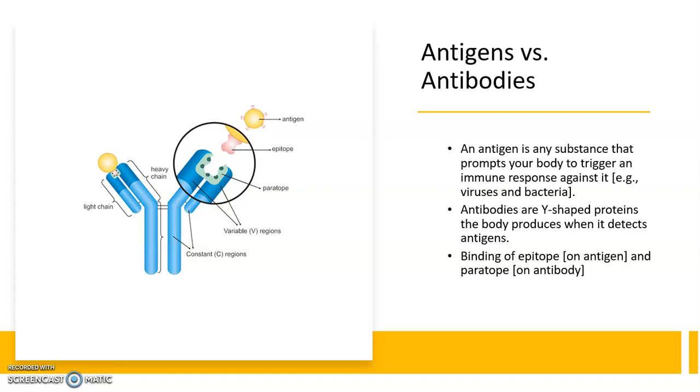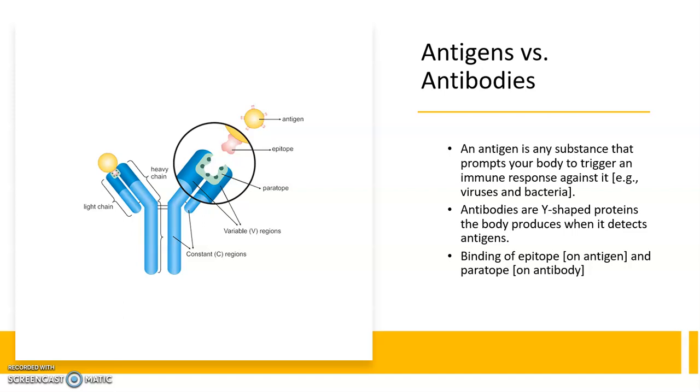There are antigens on things other than infectious pathogens, but since we're in microbiology, we're going to focus on antigens present on things like bacteria and viruses. So they are considered foreign markers. Our body would see these antigens and recognize that these things are not supposed to be present in the body and that they should be marked to be removed from the body or destroyed.